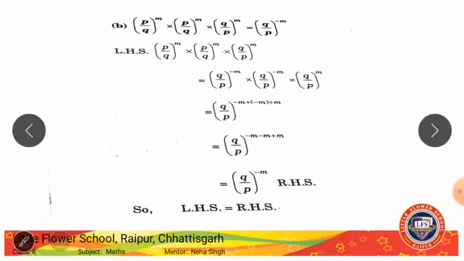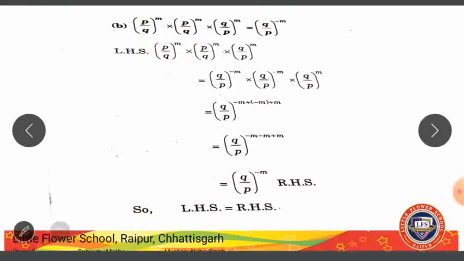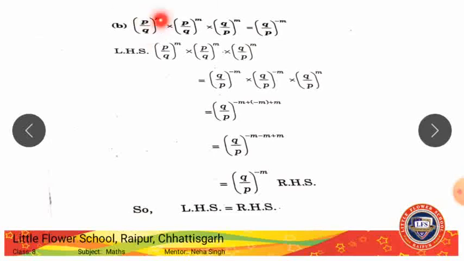Similarly, this question we are going to solve: (p/q)^m into (p/q)^m into (q/p)^m. Now, do we need to change these two terms? No, because the base is the same. Here it is (q/p)^n, so this base we need to change.